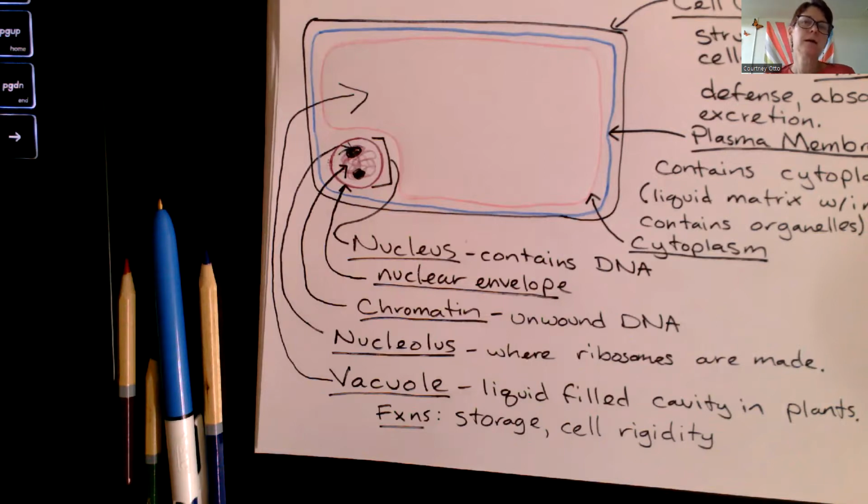It wilts because the vacuoles inside the cells inside your lettuce are no longer filled with water, right? They're going to lose that water and you're not getting that pressure pushing out on the cell walls. And so it gets limp. But if you water your lettuce, right, that vacuole can fill back up with water. And we can get that rigidity, that strength in your lettuce plants again.